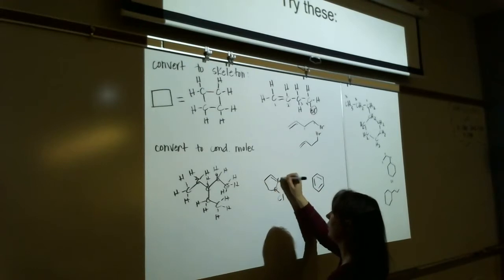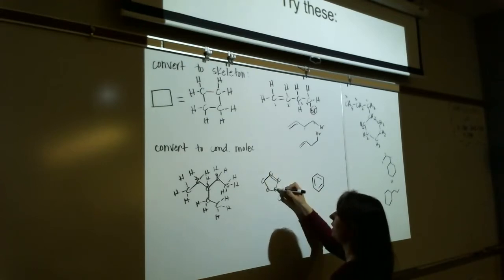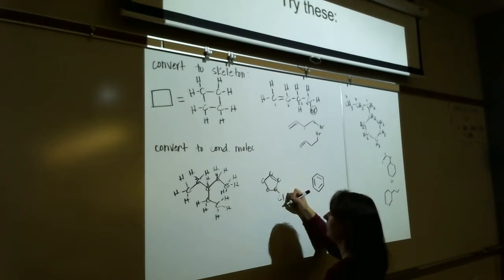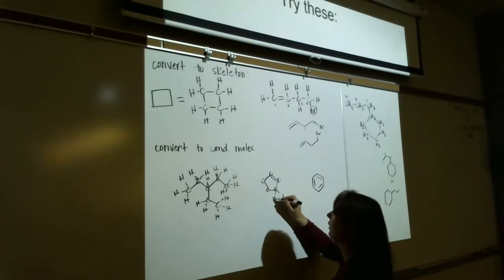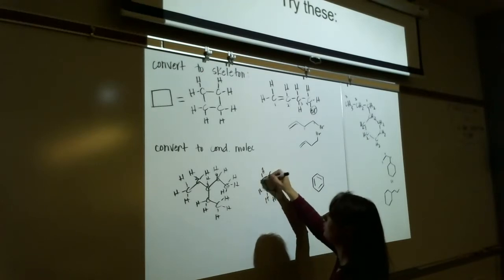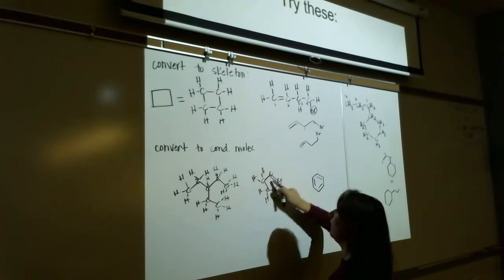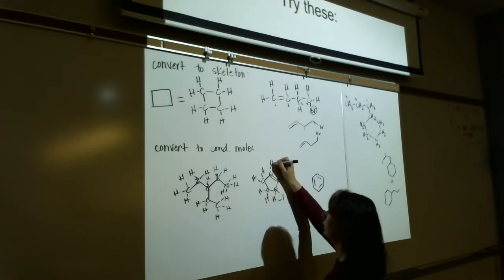All right, carbon, carbon, carbon, carbon, carbon. How many hydrogens are on the carbon with the chlorine? 1, right? And then this one gets 2. This one gets 2. How many go on this one with the double bond, both of them? Just 1.